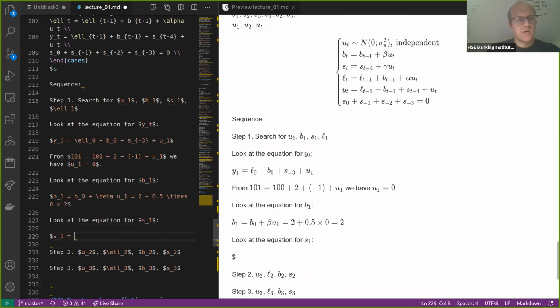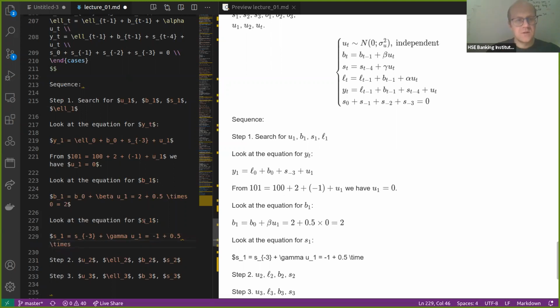It says S1 is just S_{-3} plus gamma times U1. And in our case, it's -1 plus 0.5 times 0. It's -1. In our case, we have 0 random noise. So basically, we copy old S and old B.